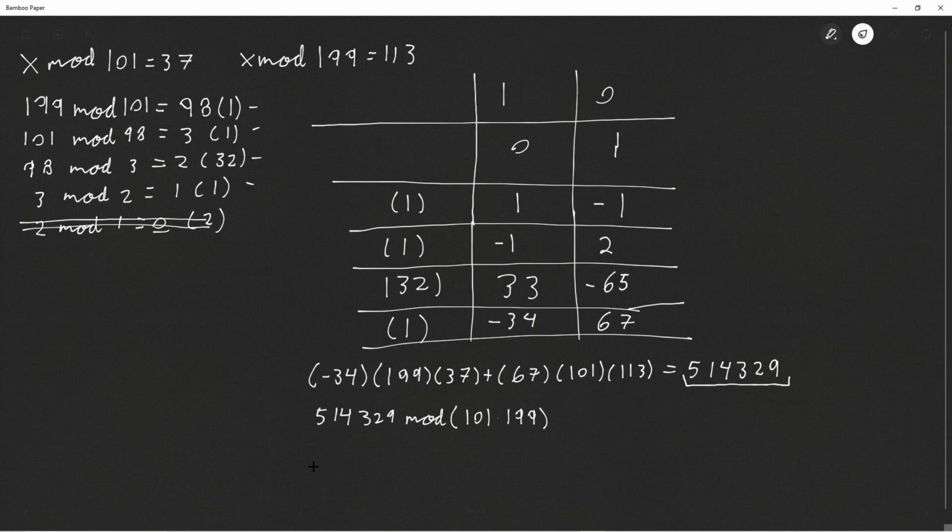And this will be equal to 11,854. And then again, if you test 11,854 modulo 101, it will equal 37, and 11,854 modulo 199, it will equal 113.